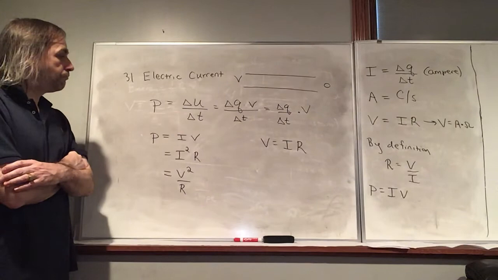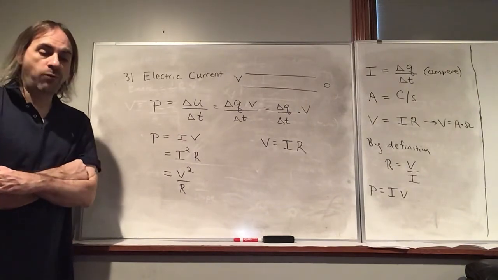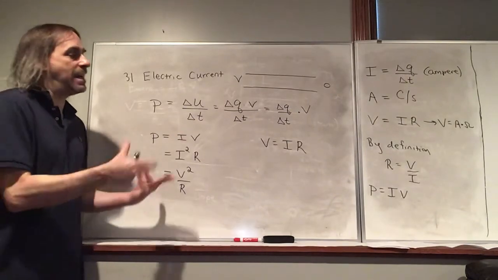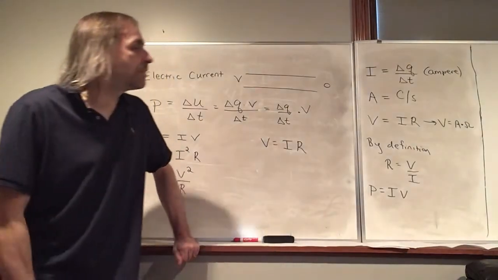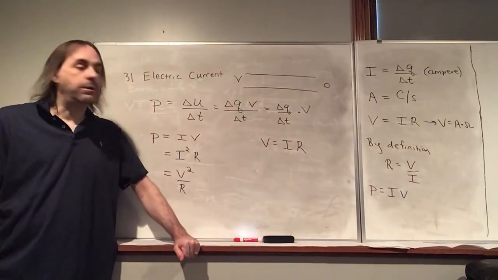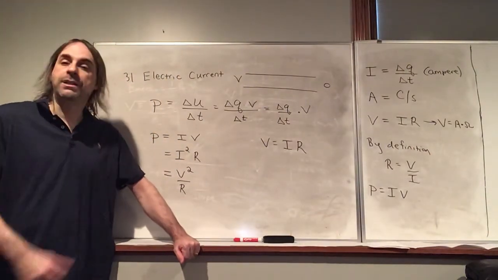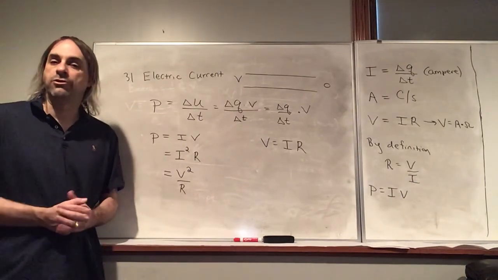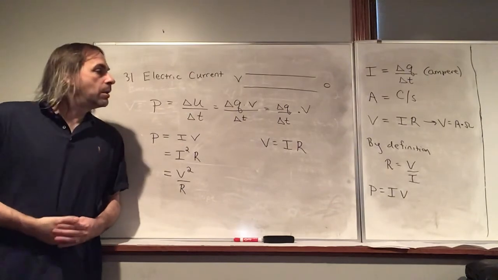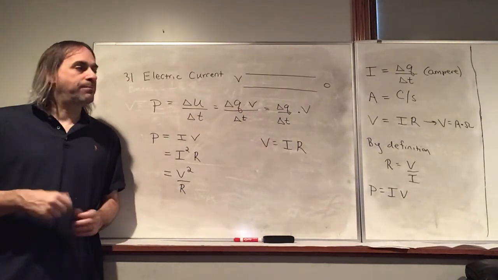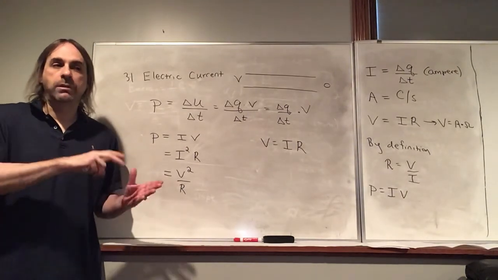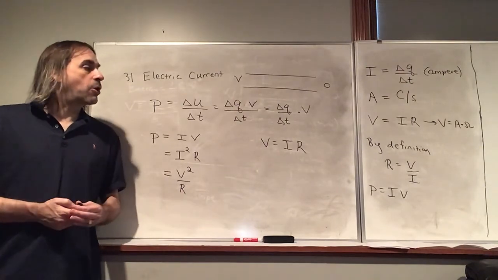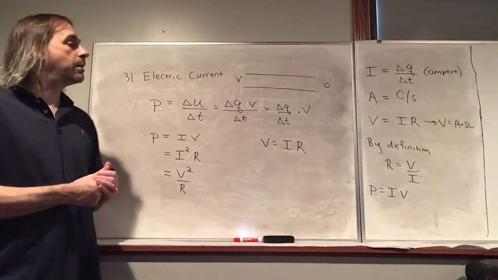I guess that'll be it for this topic. We defined things like current and resistance and resistivity. Then we're going to go on and talk about things like electrical circuits, some simple systems where we can actually deliver currents to objects.